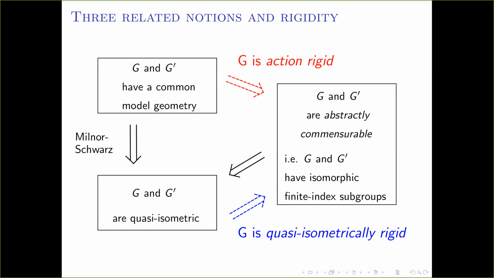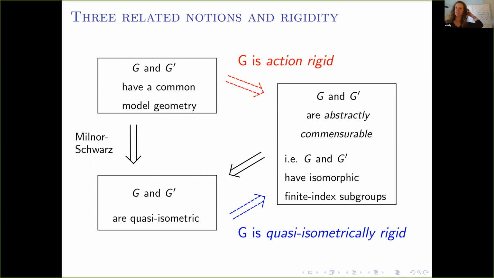If you have a group that has some finite normal subgroup, you quotient it out. Sometimes I've heard that referred to as virtually isomorphic. And right, so that doesn't imply abstract commensurability, does it? In general, no, I think no. I don't have an example on my mind. Okay. All right. Thank you.